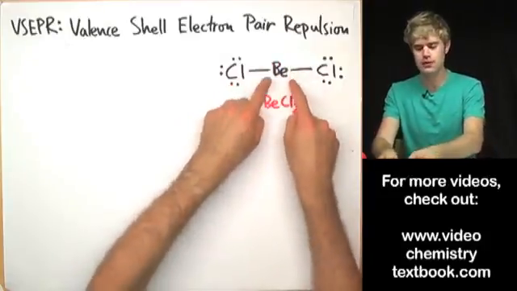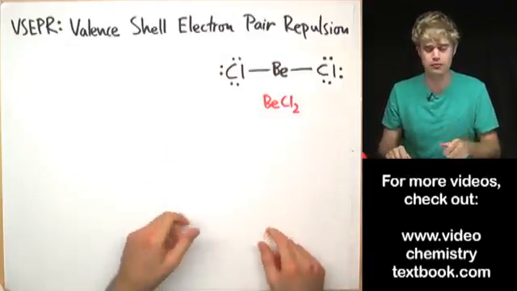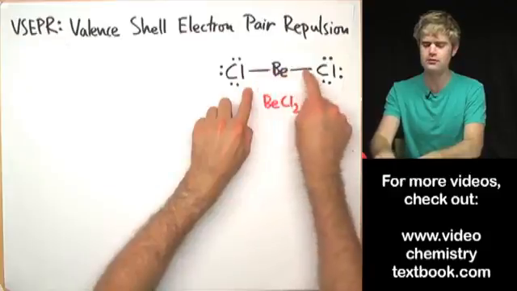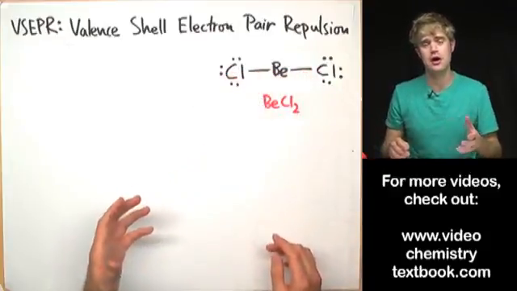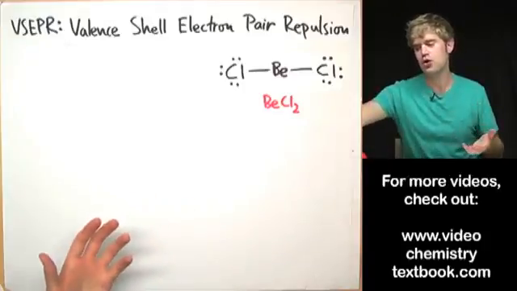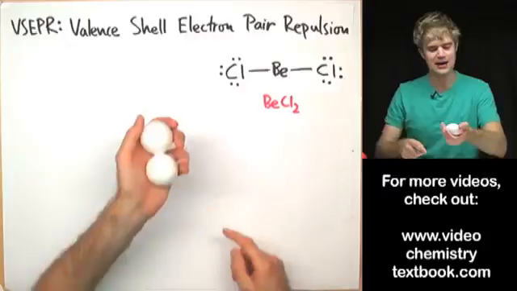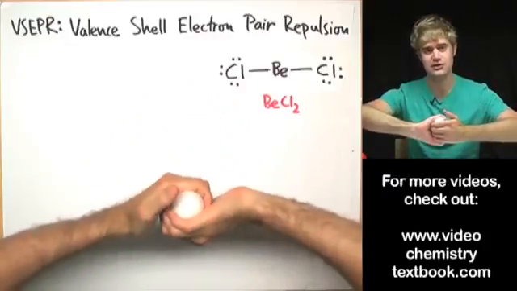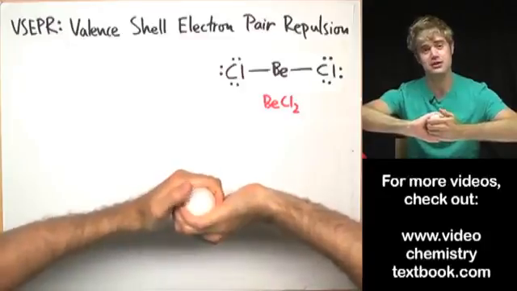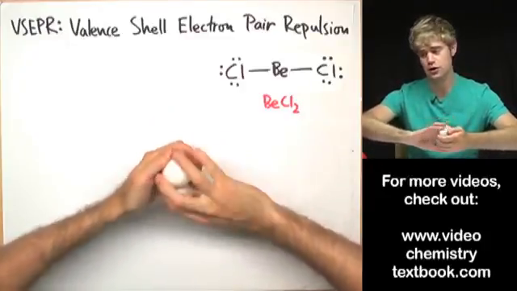So in beryllium dichloride, where are these valence shell electrons that want to push away from each other? Well, the valence shell electrons are in these bonds. I've often said that you can think about covalent bonds as if they're hands from the atoms with electron pairs, and that these hands are connected because they're both holding on, they're both sharing this pair of electrons.